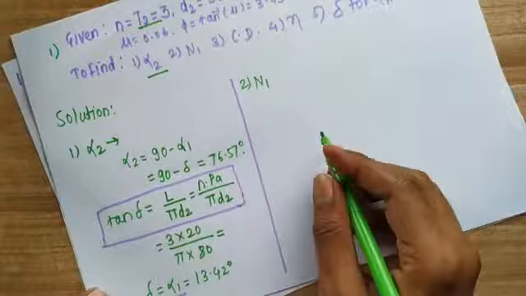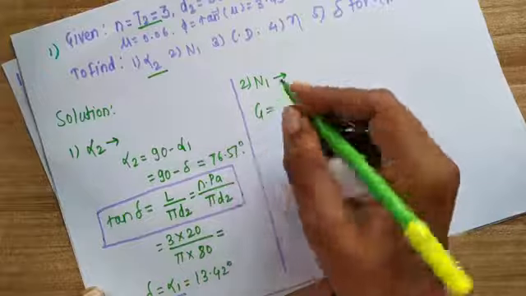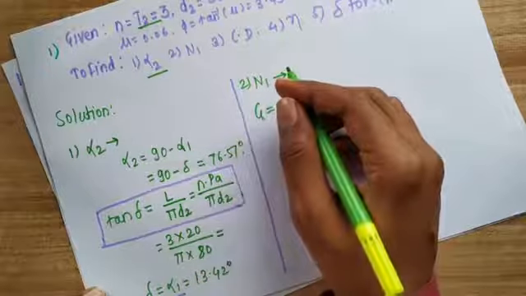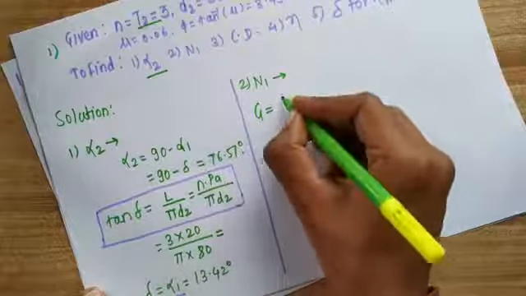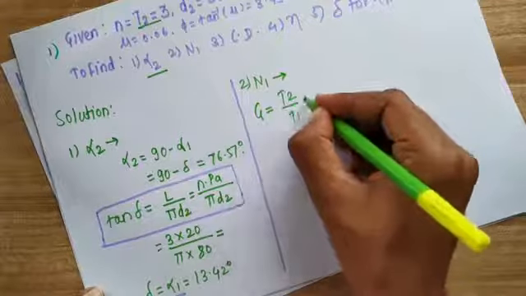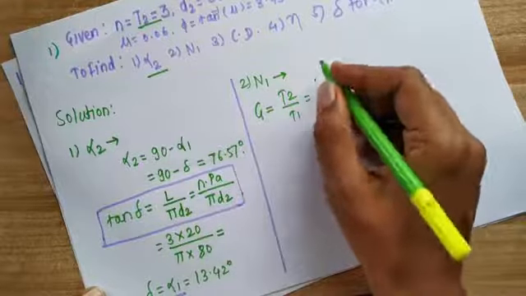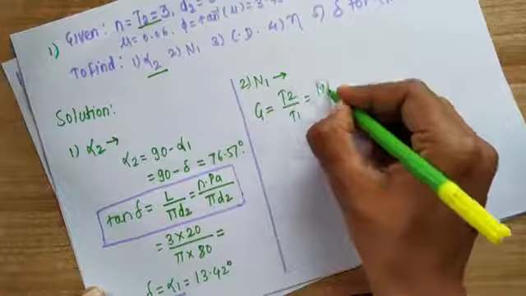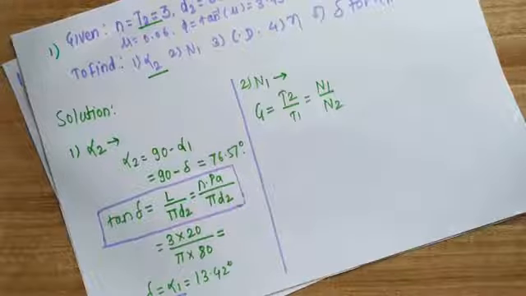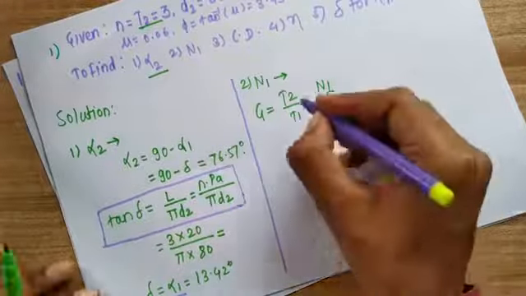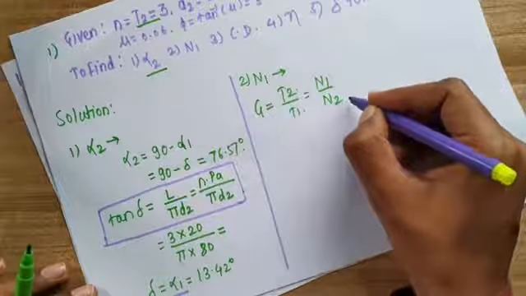We know that relation from the gear ratio. To find out N1, we can use the gear ratio. T2 by T1 is equal to the reciprocal of speed, so it is equal to N1 by N2. Out of this, T2 is known, T1 is known, N1 we have to find out, and N2 is known.